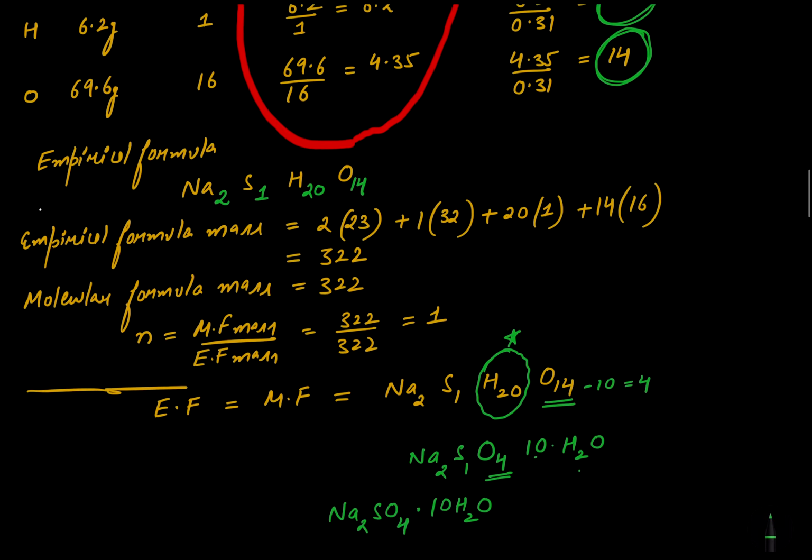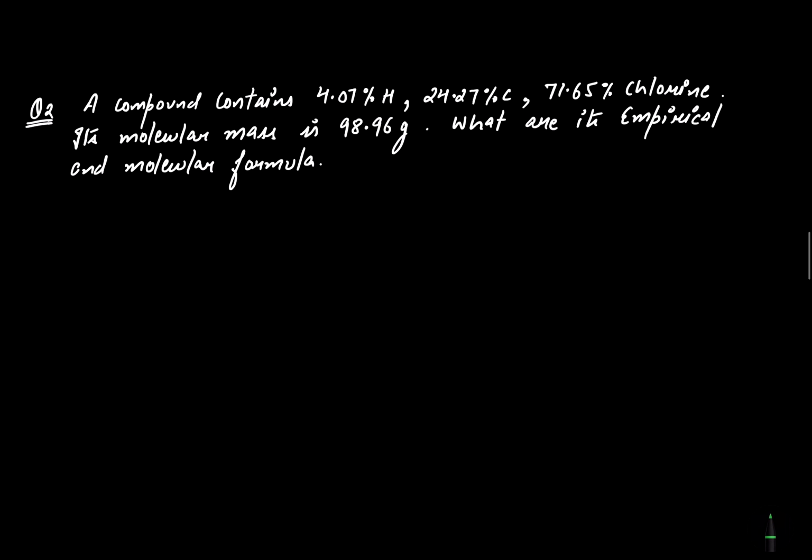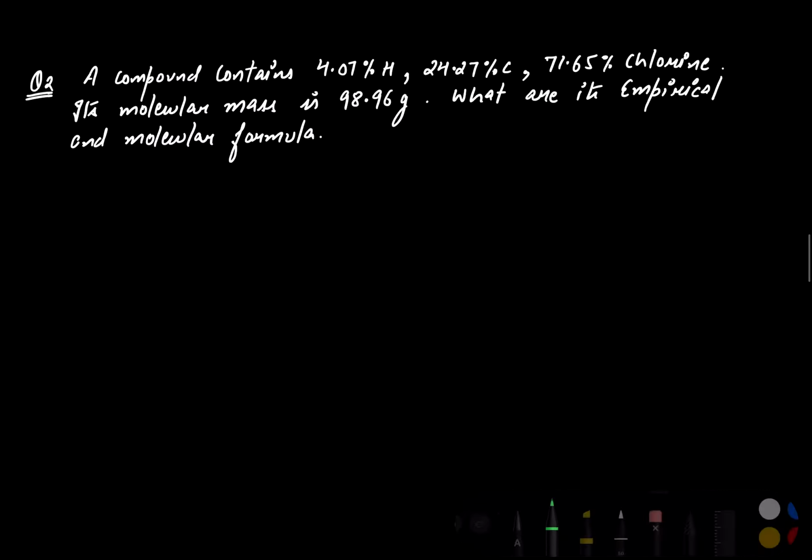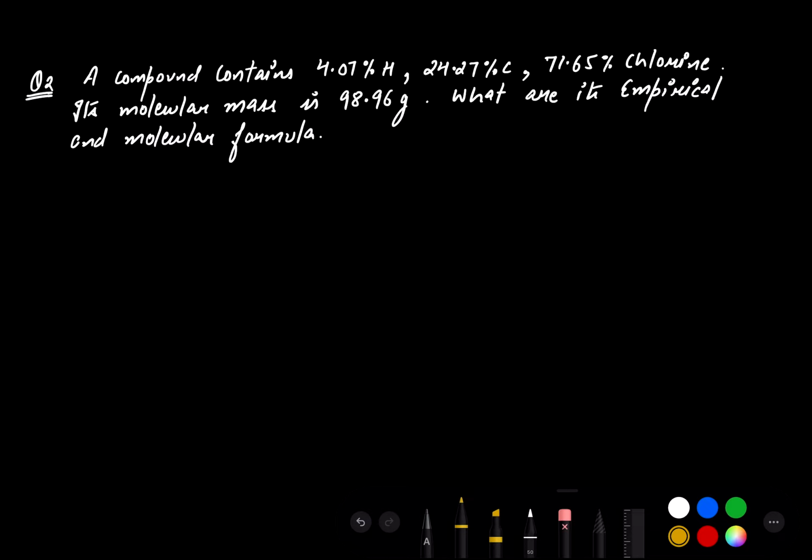Let's move to another numerical. Now, what this numerical is saying: a compound contains 4.07% hydrogen, 24.27% carbon, and 71.65% chlorine. Its molecular mass is 98.96 grams.